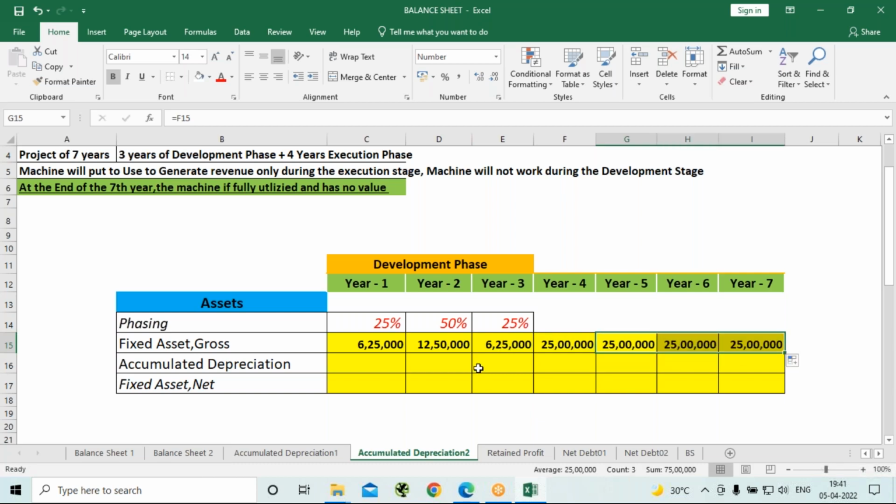This is how the asset value will be calculated. Now, there is no depreciation in the development phase because it is not being used. Depreciation will come only when the complete implementation has happened and it has started to be used. So it will be 0.